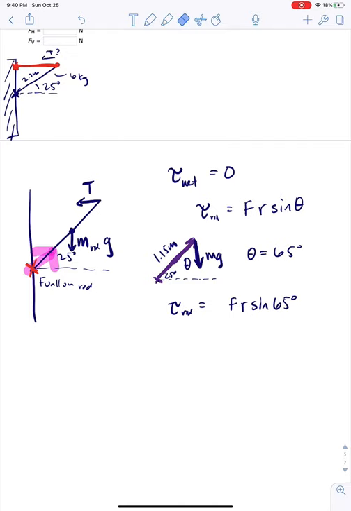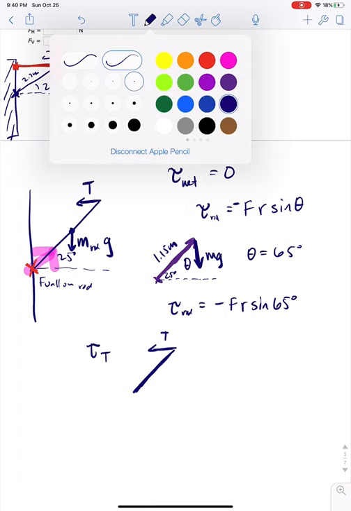And now we haven't talked about the sign of the torque yet. This torque is a clockwise torque. It's tending to rotate that rod clockwise, which is negative for torque. So this is our torque from our rod. Okay. Now we need to find the torque from the tension. So here we've got the whole length of the rod and the tension force here.